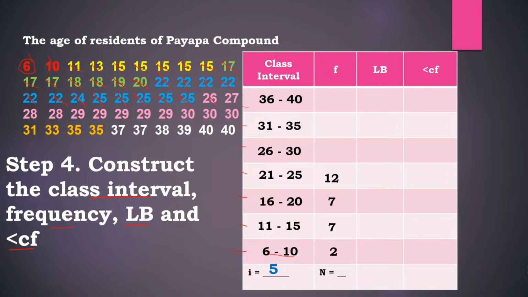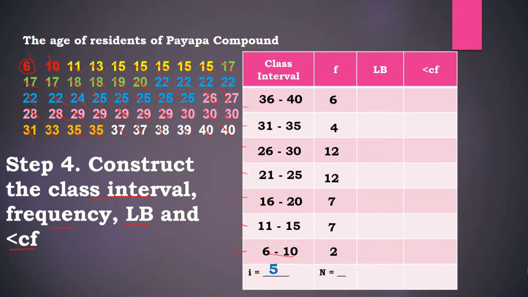There are 12. And for those ages 31 to 35, that's 1, 2, 3, 4. So there are 4. Ages 36 to 40, 1, 2, 3, 4, 5, 6. So there are 6. So that's the frequency of the class interval.